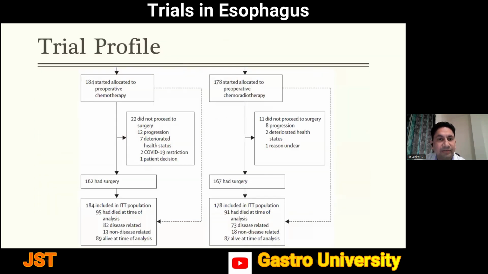In the preoperative chemotherapy group, 184 patients were enrolled, 162 had surgery, and 184 were included in the intention-to-treat analysis. In the chemoradiotherapy group, the trimodality group, 178 patients were started and included in the intention-to-treat analysis. There were 95 deaths in the perioperative chemotherapy group, and in the trimodality group, there were 91 deaths.